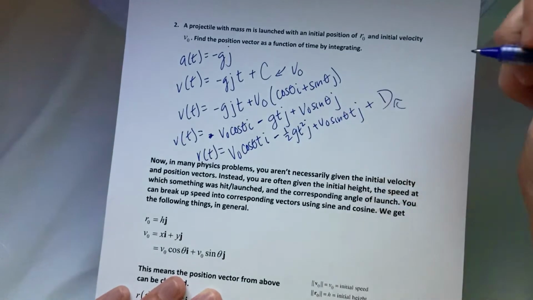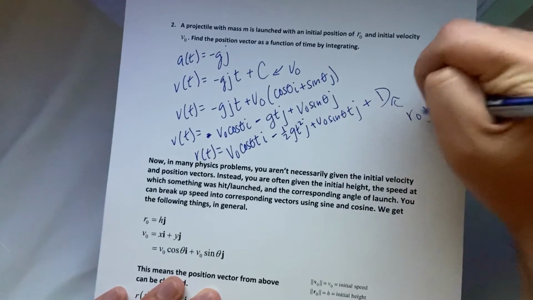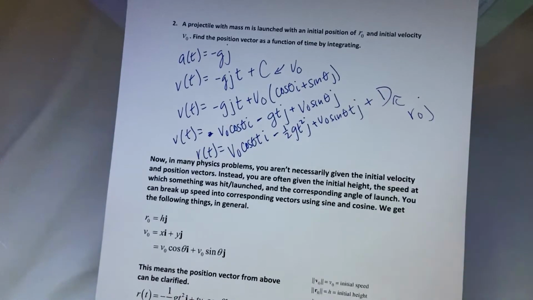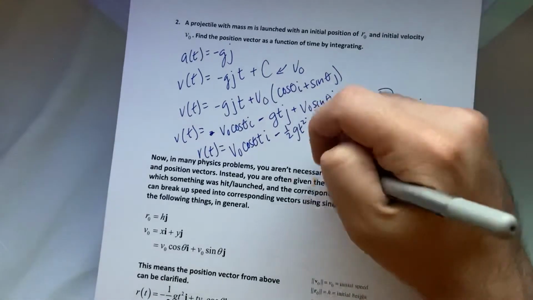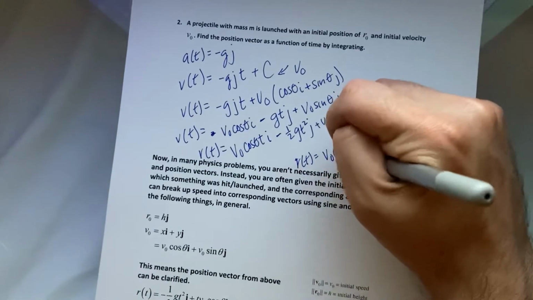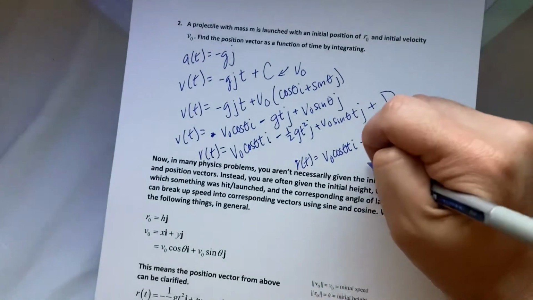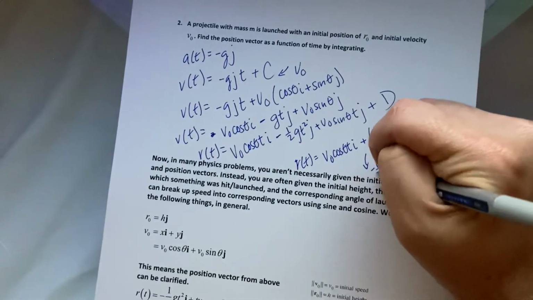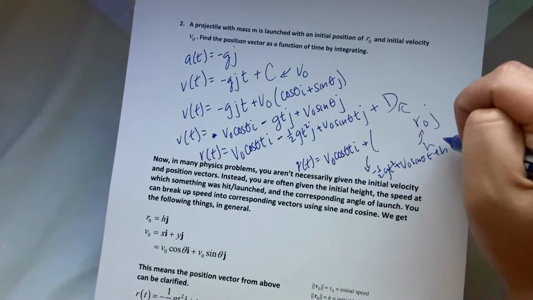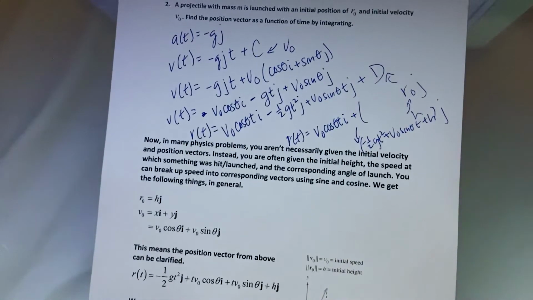However, this is our initial height, so our initial height should be in the y direction, so we'll call it h j. So this whole thing is v0 cosine theta t i plus a whole bunch of stuff times j. I'll write it down here: negative 1/2 gt squared plus v0 sine theta t plus h, all times j, where h is our initial height.